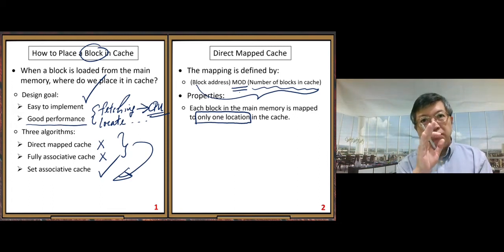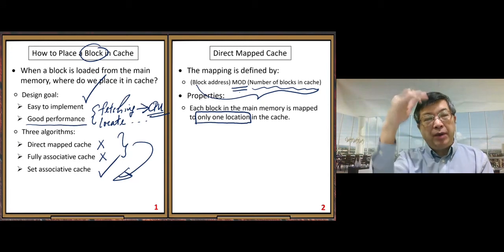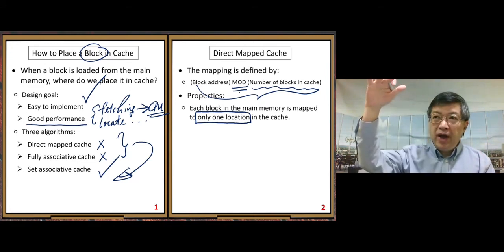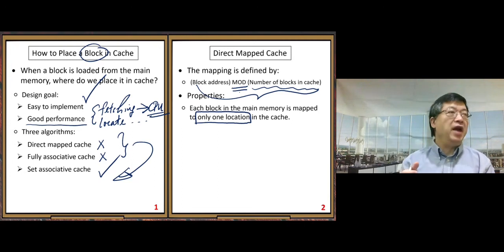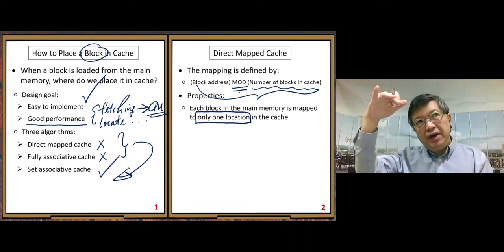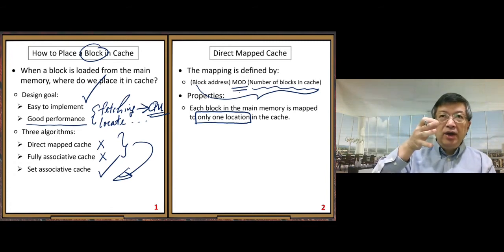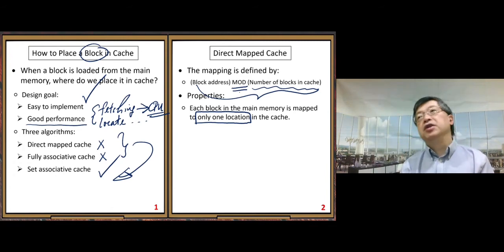This main property results in two other properties. One advantage, one disadvantage. Big advantage, even bigger disadvantage. Okay?